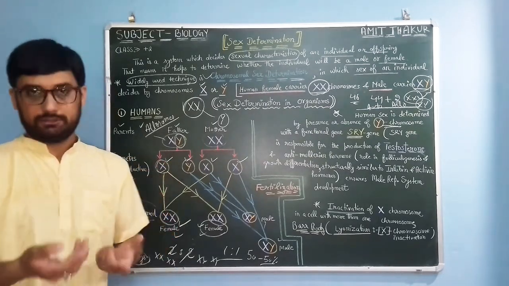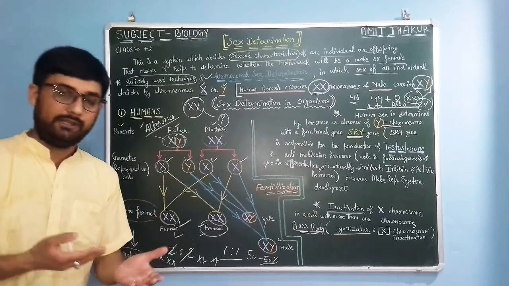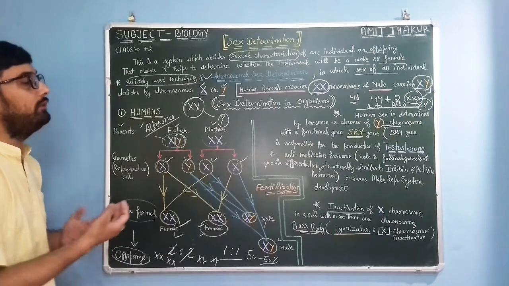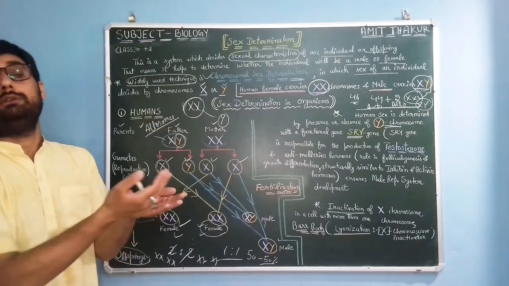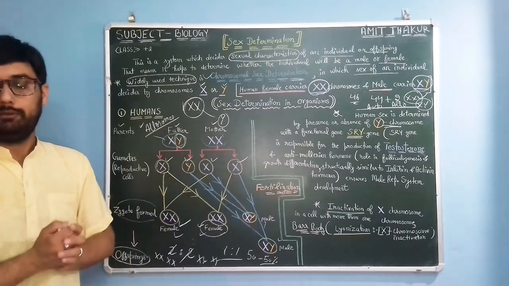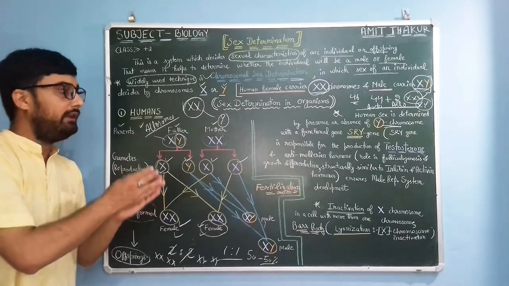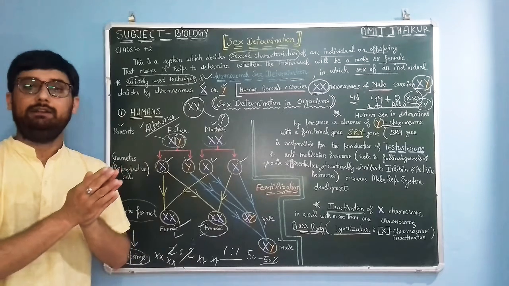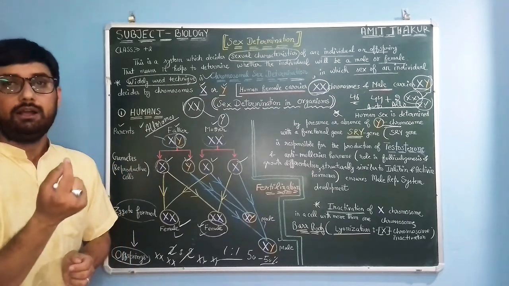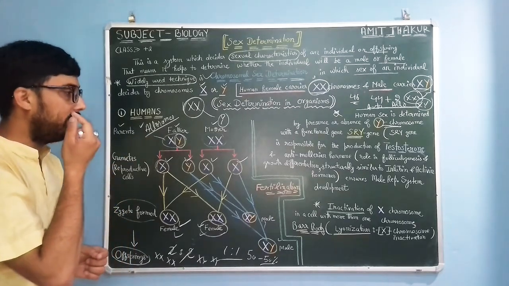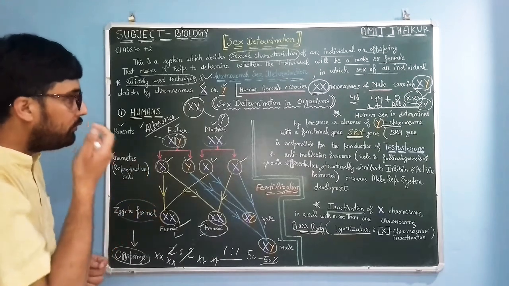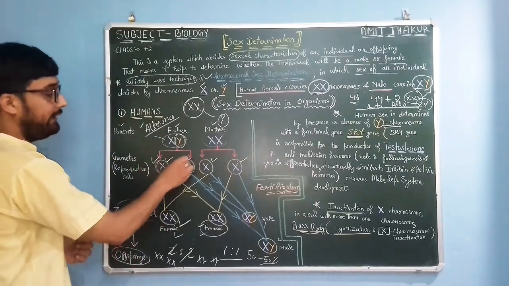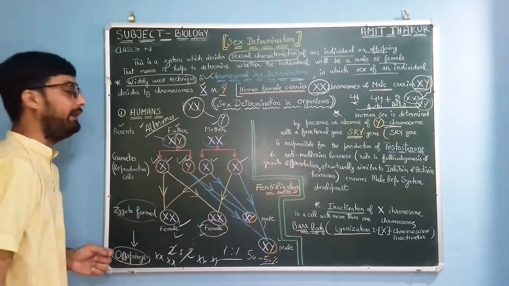a single ejaculation of sperms into the vaginal tract of the female reproductive system, there are around 2 to 2.5 crore, or millions of sperms. So 2 से 2.5 मिलियन स्पर्म्स जो कि एंटर होते हैं वेजाइनल ट्रैक्ट में, उनमें से किसी एक को चांस मिलेगा. और जो एक आपका स्पर्म है, वो एक स्पर्म क्या कैरी कर रहा है, X कैरी कर रहा है या Y कैरी कर रहा है, तो इस चीज पे वो डिसीजन डिसाइड होती है.